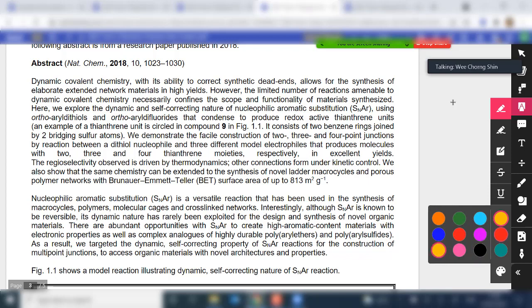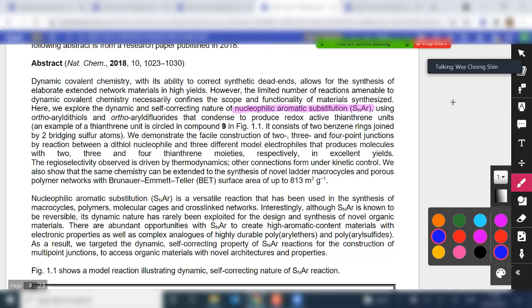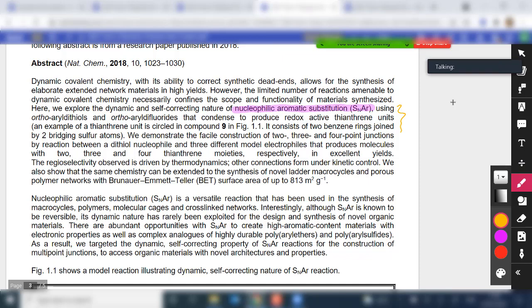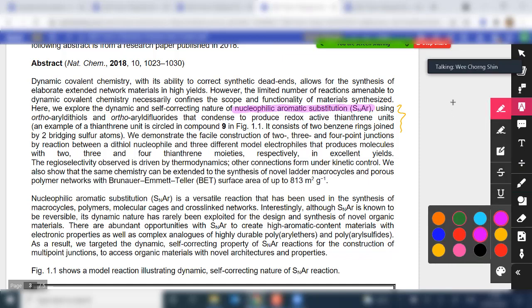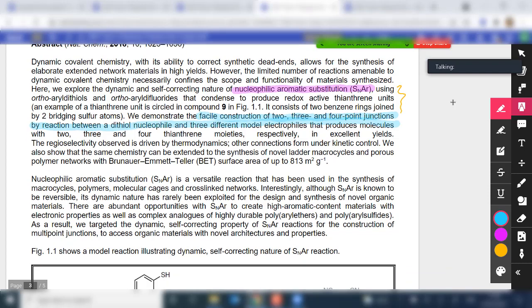And then after that, there's an interesting mechanism here known as nucleophilic aromatic substitution. And then they give you a lot of description here, blah blah blah. And also very heavy stuff like 3, 4 point junctions, etc. Okay.